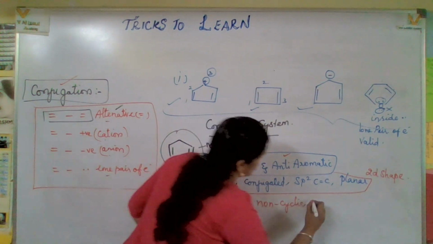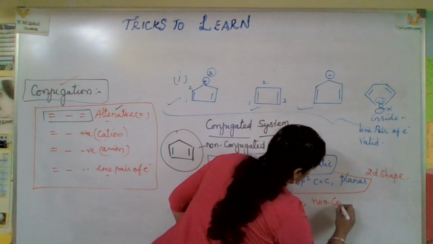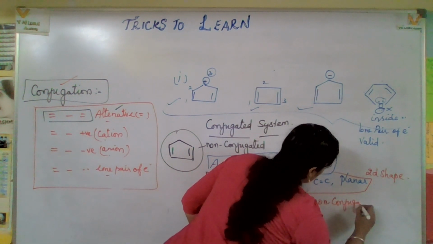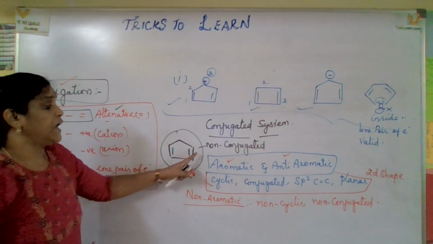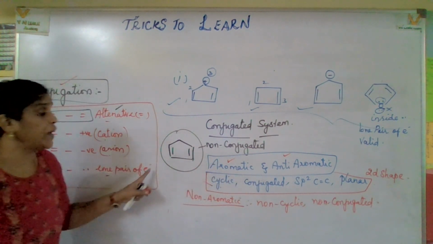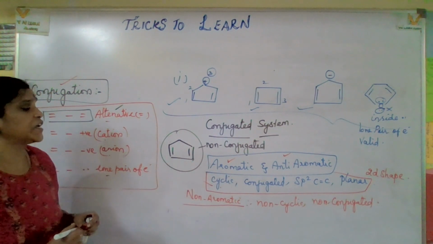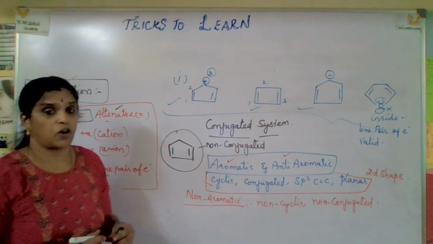Non-cyclic, non-conjugated. Now sp3 we can keep. Non-conjugated means I hope you know how to identify it: you have to follow these rules, and whatever is not applicable is non-conjugated.